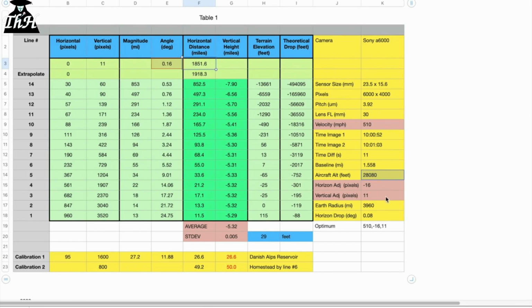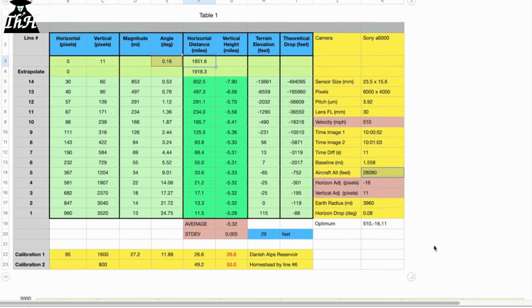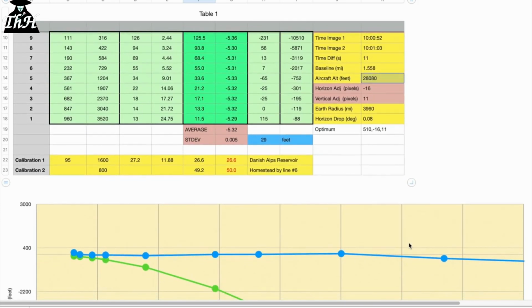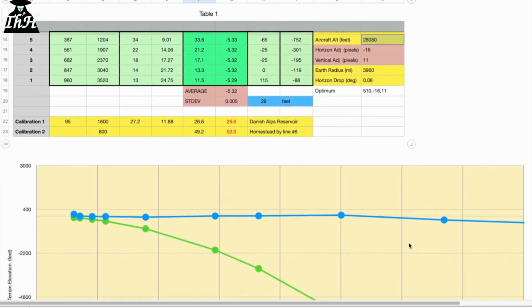And the line below is based on extrapolation from the two previous lines, as you see on the left. And I actually match those two things. They have to match. So that was another optimization technique. Now here's the incredible result, folks.